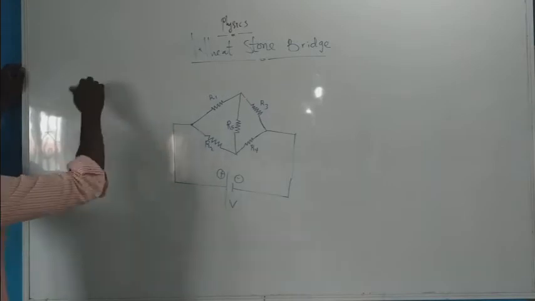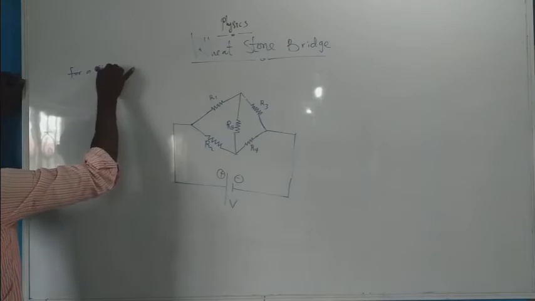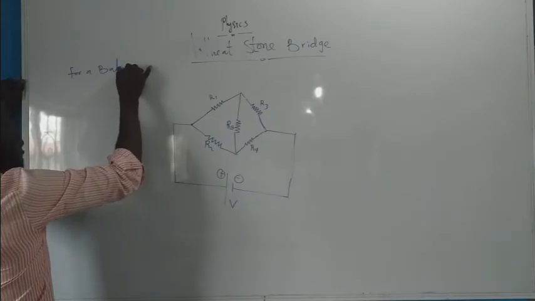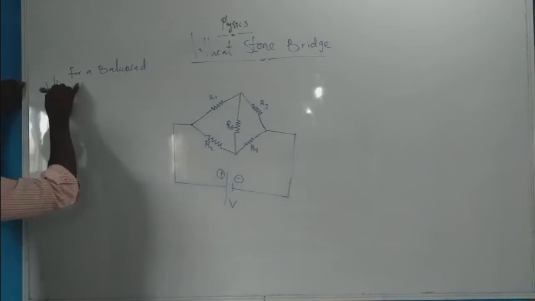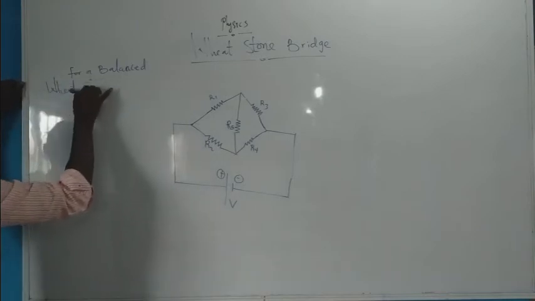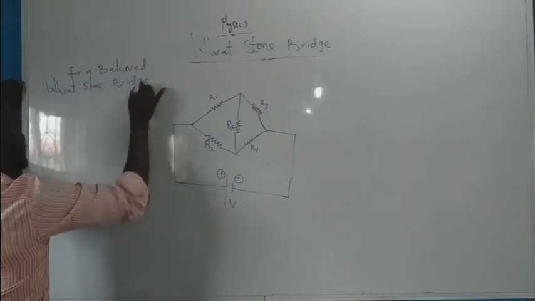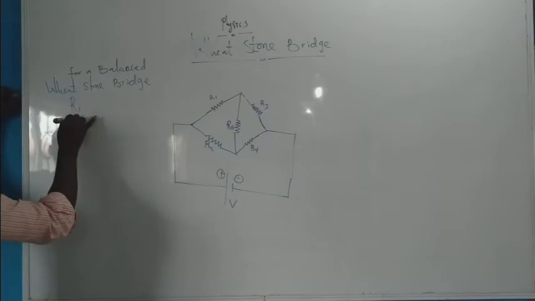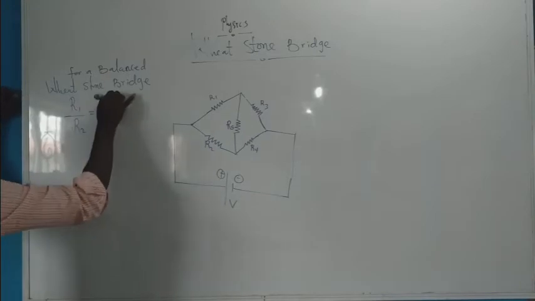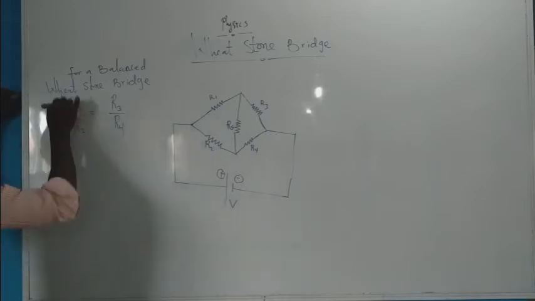Normally, for a balanced Wheatstone Bridge, R1 over R2 must be equal to R3 over R4.